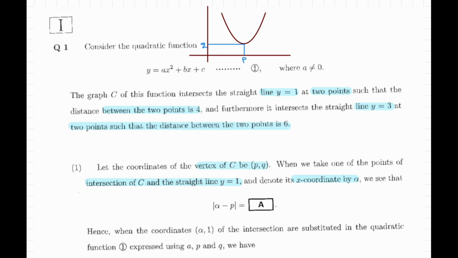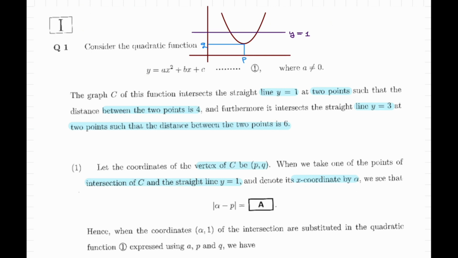And also, I will draw a straight line y equals 1. Once again, this is just my assumption, I will assume y equals 1 is here. And then, the x coordinate where the curve intersects with y equals 1, we denote by alpha.